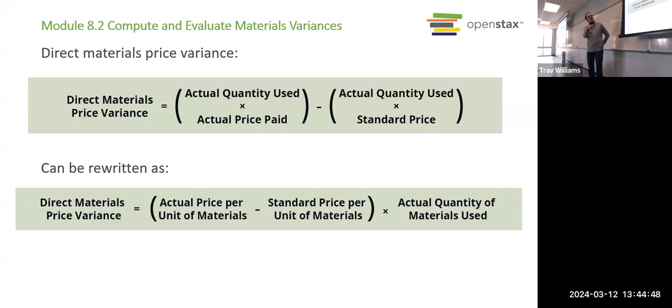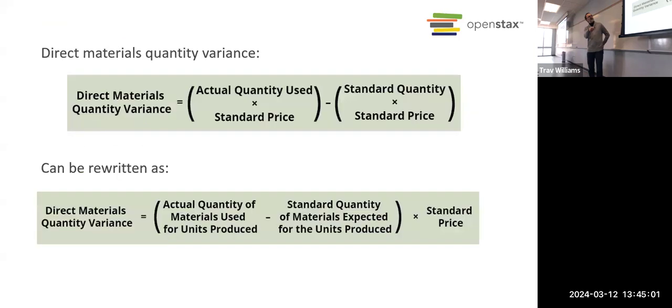But we saw a difference between actual price and standard price. And notice this right-hand part of the price variance formula, actual quantity times standard price, is the left-hand side of this formula, actual quantity times standard price. And then we're subtracting from that the standard quantity times the standard price.